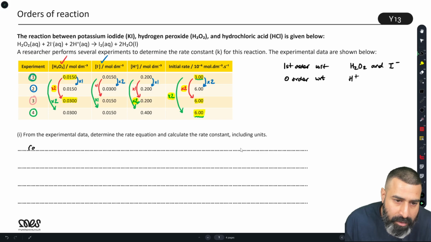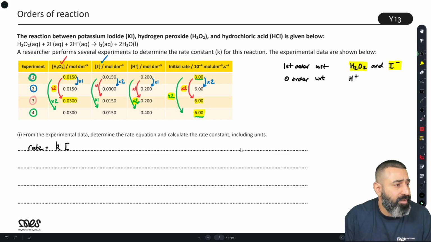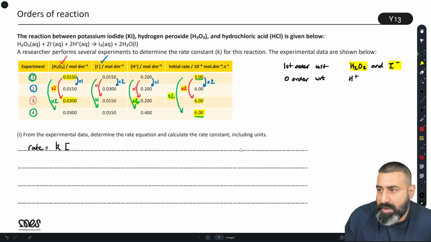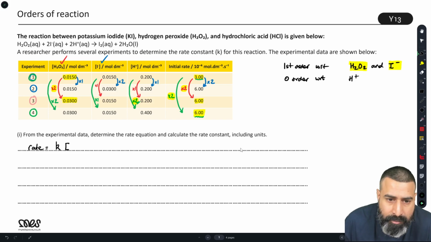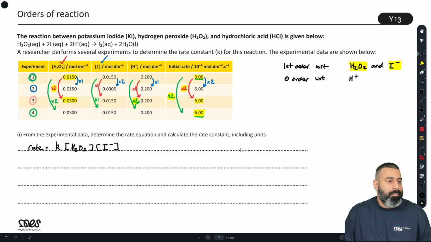So my rate equals K. So only include the species which influence the rate, and that is H2O2 and I minus, and I don't include H plus, because if I raise the concentration of H plus to the power of 0, it becomes 1, which is the number. So this is H2O2, don't need to put the 1, it's implied, and I minus. Cool, and that's it for determining the rate equation.